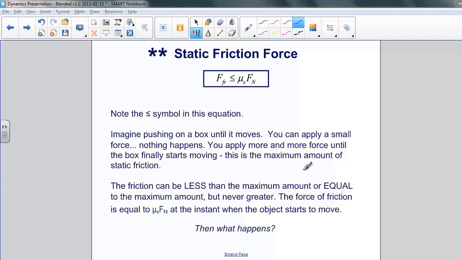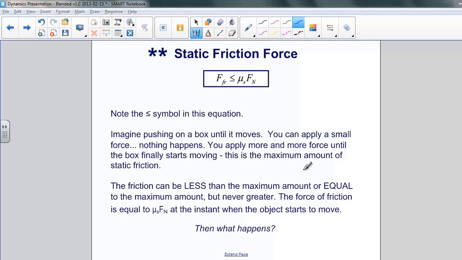So imagine you're pushing on a box until it moves. You can apply a small force, nothing happens. You keep applying more and more force, and as you apply more and more force, the frictional force again is exactly equal and opposite until you hit a point where you apply enough force that the box finally starts to move.